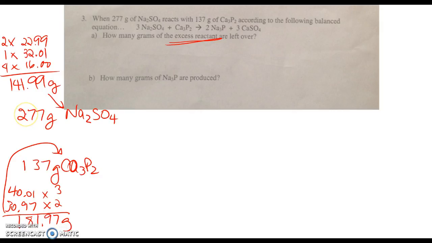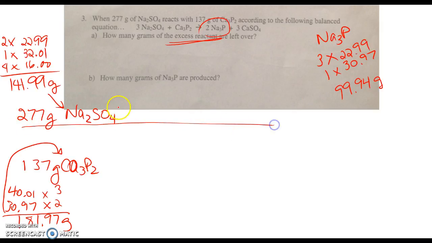All right, I'm going to pick a product. Dang, let's pick Na3P. So 3 times sodium, 22.99, 1 times phosphorus, 30.97. Whoops, 22.99 times 3 plus that 30.97 gives us 99.94 grams per mole. So this is what product we're looking at.